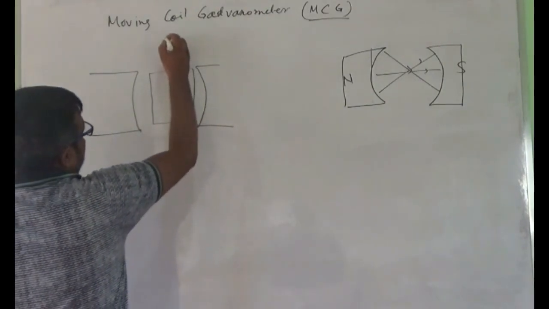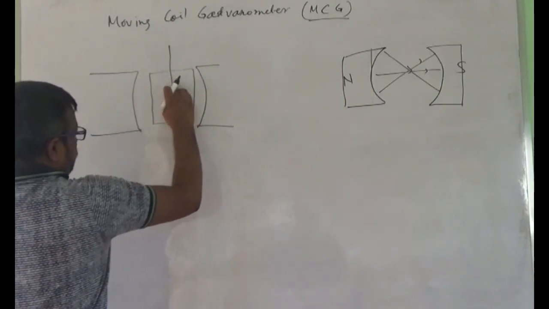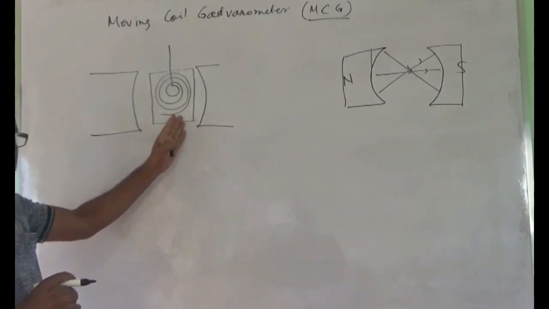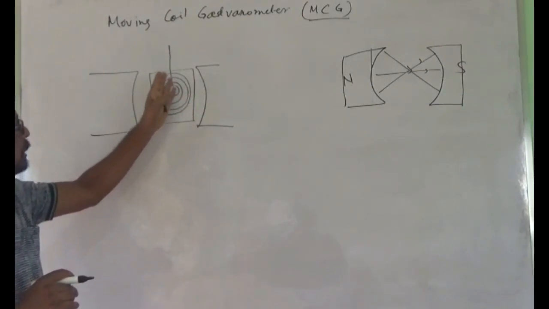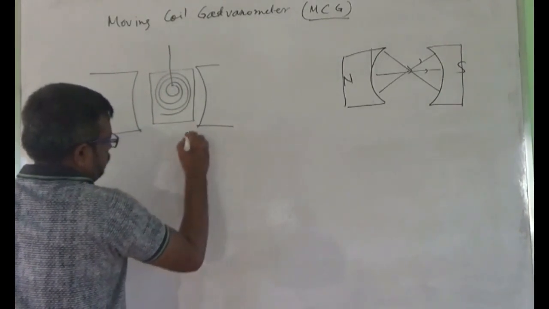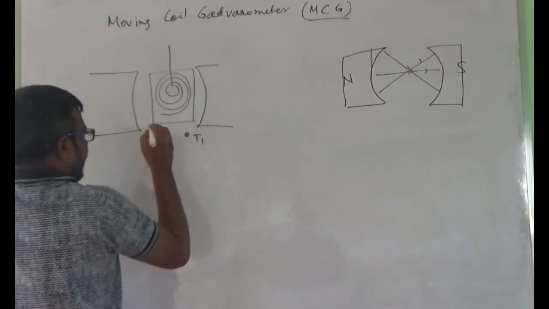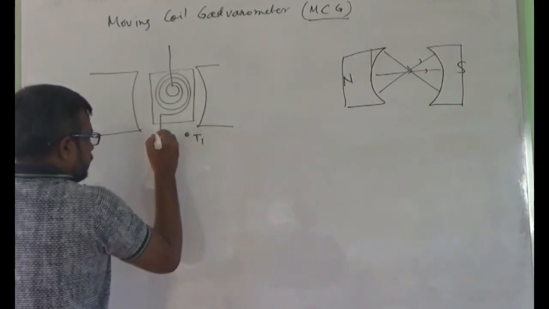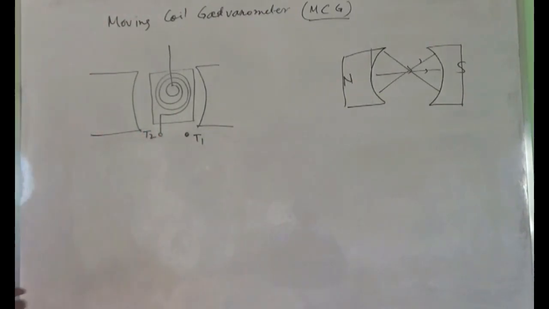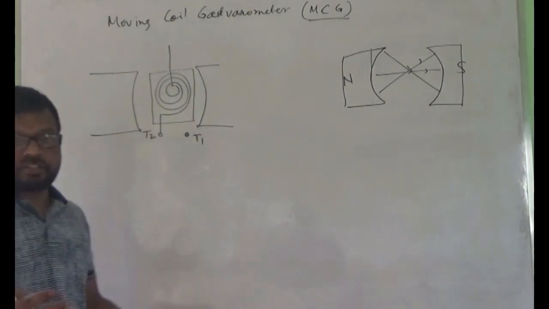One end of the coil is suspended by a spring, right? One end of the coil is connected to the spring, and the spring is connected to a terminal of the galvanometer. Another end of the spring is connected to another terminal. Now these two terminals will be connected in the outer or external circuit.